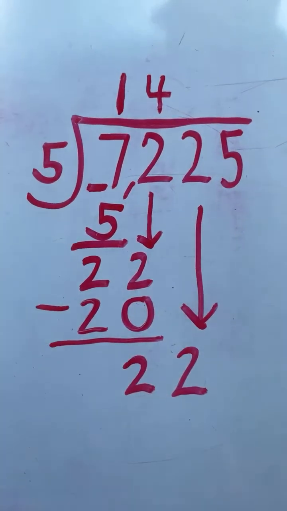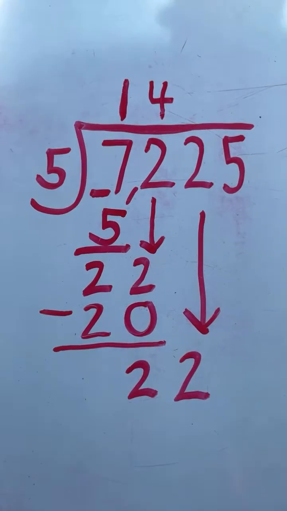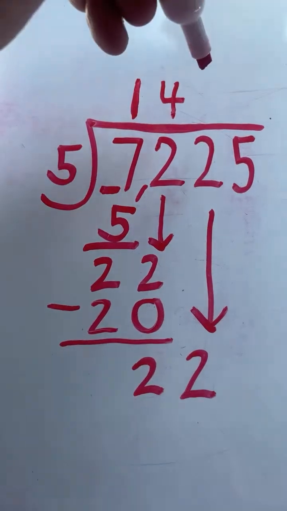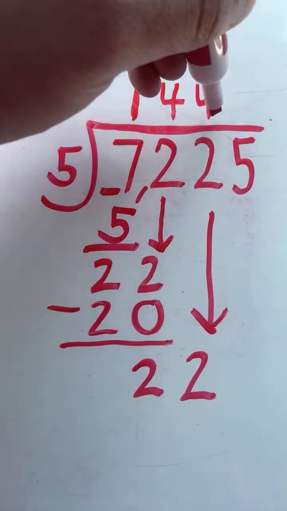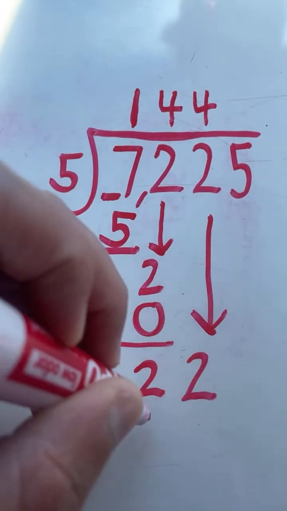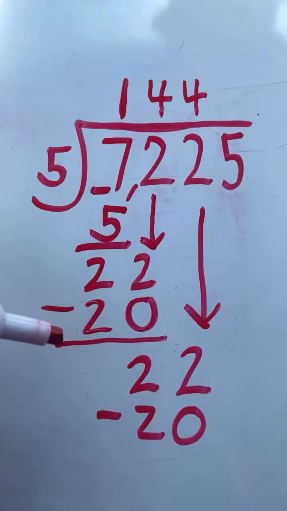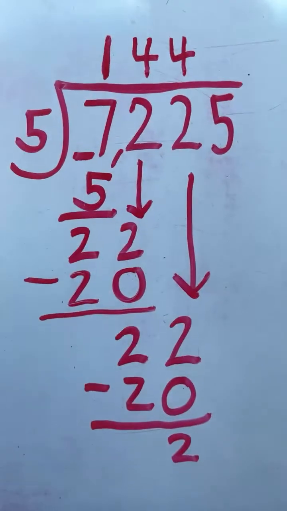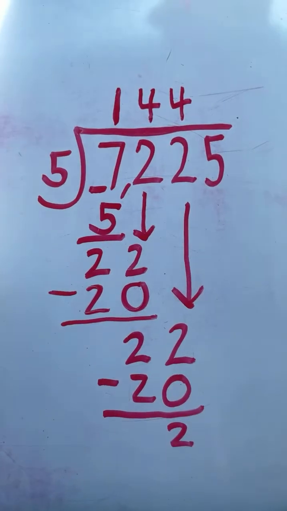We kind of already did that. 5 goes into 22 4 times. And the closest we can get to 22 without going over is 20. So 22 minus 20. So it sort of repeats the same steps there. We have a remainder of 2.